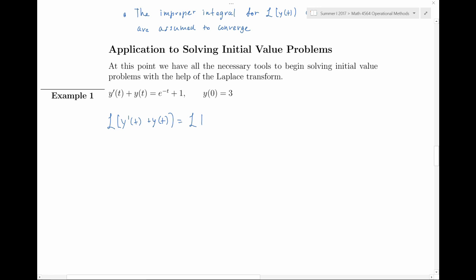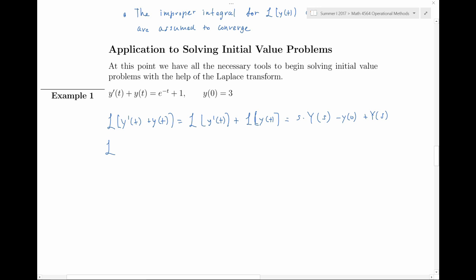That's going to be just a summation of the Laplace transform of the derivative plus the Laplace transform of the function itself. The Laplace transform of the derivative is s times some unknown function Y of s, we're just assuming it exists, minus the initial condition, which is 3 in this case, plus Y of s.